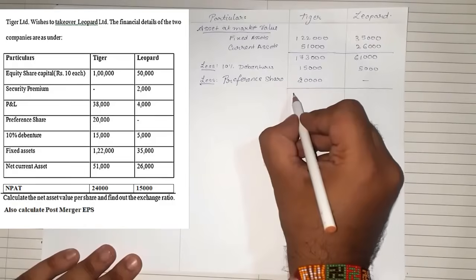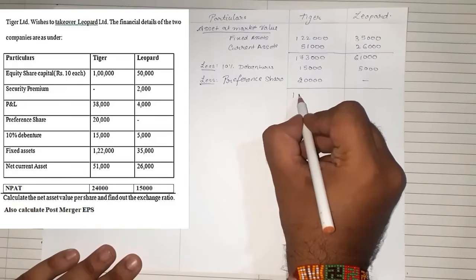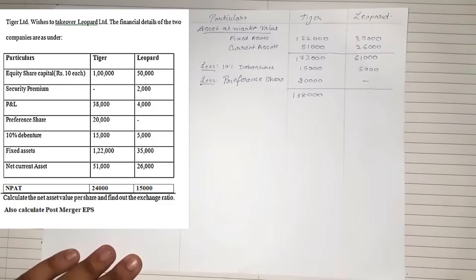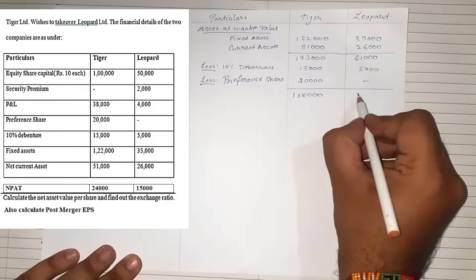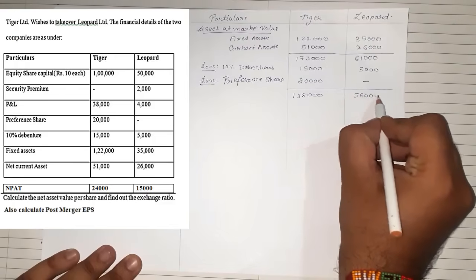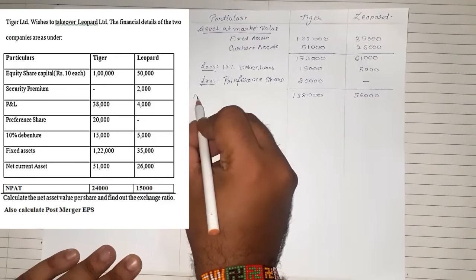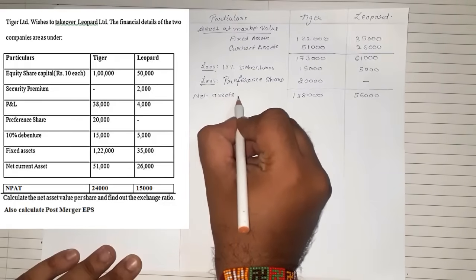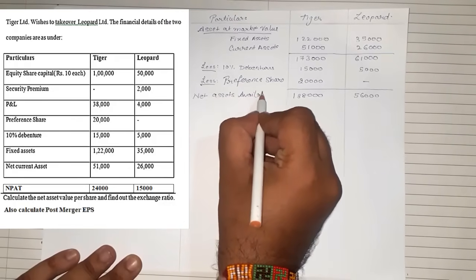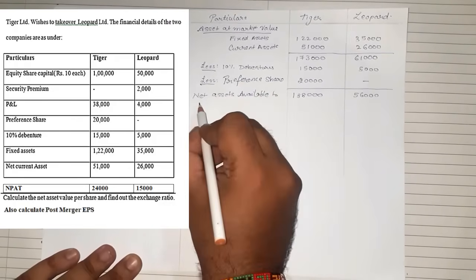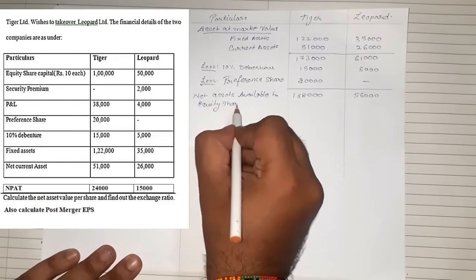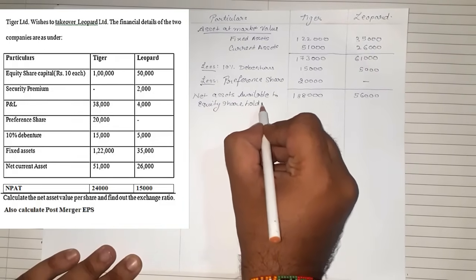The value that you all should have got would have been 1,38,000 for Tiger, and 61,000 minus 5,000 would be 56,000 for Leopard. This is nothing but net assets available to equity shareholders.